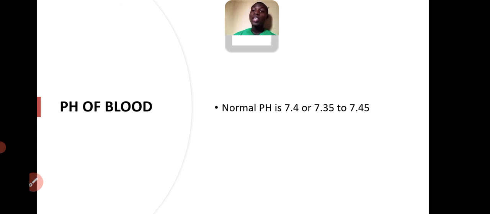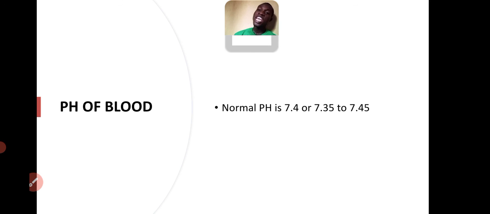pH. The pH is the hydrogen ion concentration of the blood. This, in short, tells you how acidic our blood is. Our blood is not too acidic. It is slightly alkaline, meaning that our blood is a bit salty, which tells you that the acid component is not that much.